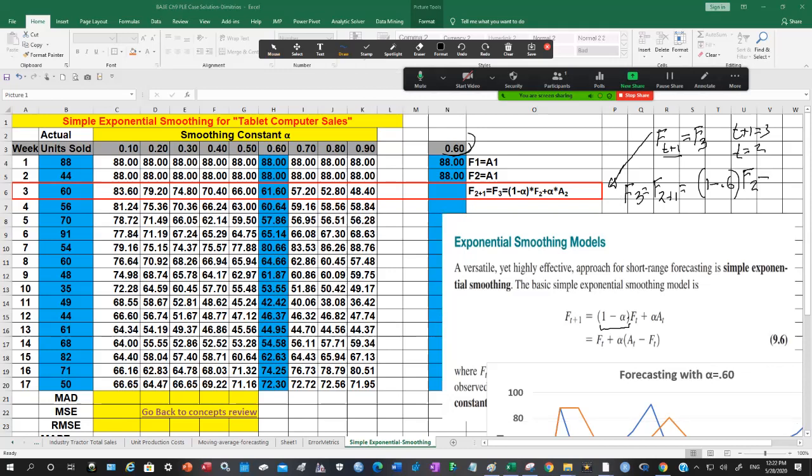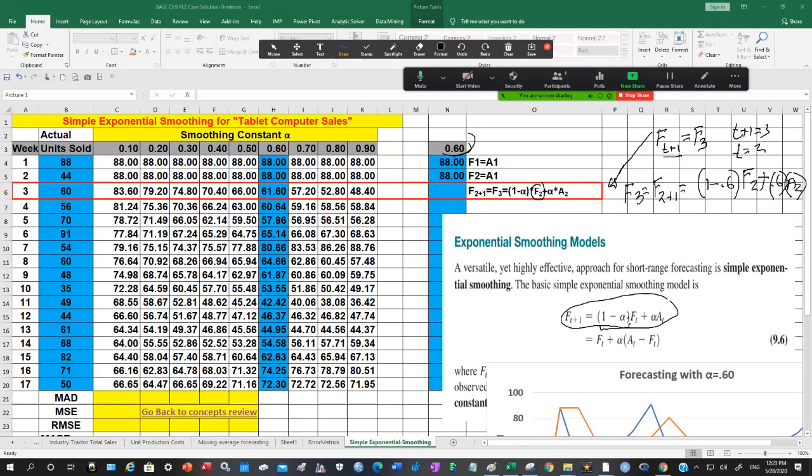Then plus I'm using this formula, right? Alpha, which is 0.6, times A of t, which is A of 2. And I have this right here, all right? 1 minus alpha times F of 2 plus alpha times A of 2. Well, F of 2 is 88.